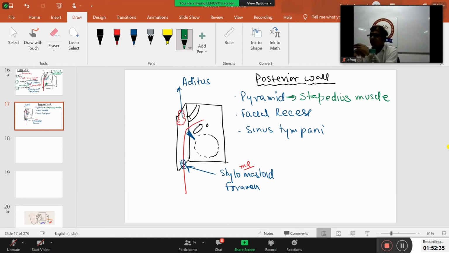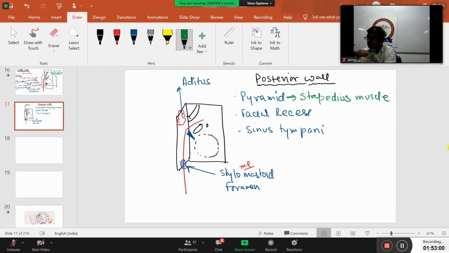Which is the other muscle we discussed in the middle ear? Tensor tympani. Tensor tympani comes from the canal of tensor tympani. So there are two muscles, and the stapedius is very, very important for you.